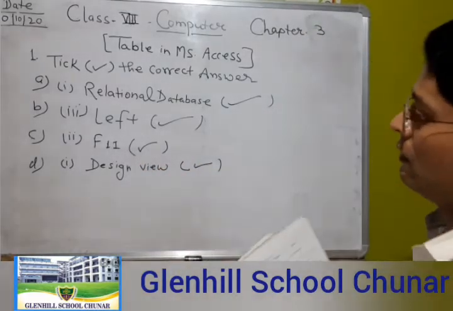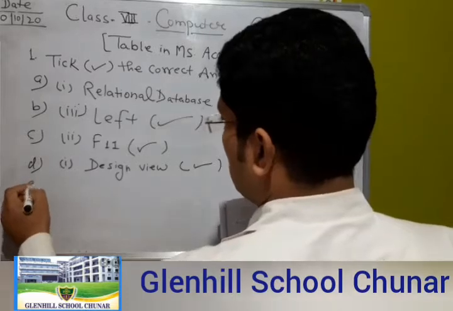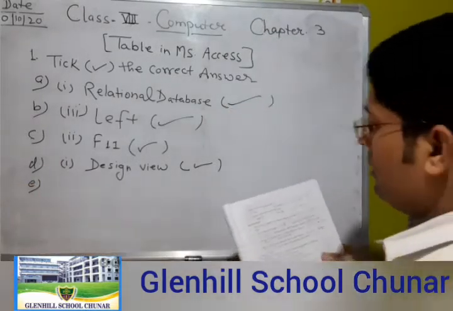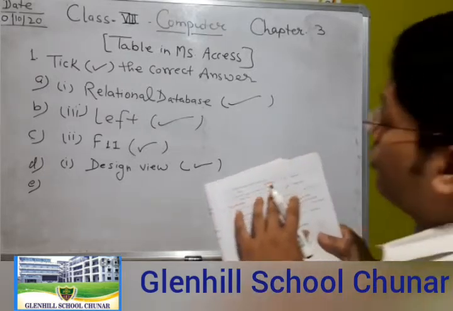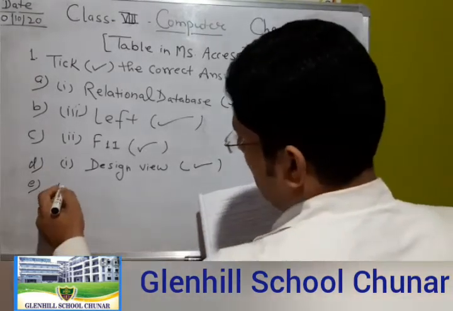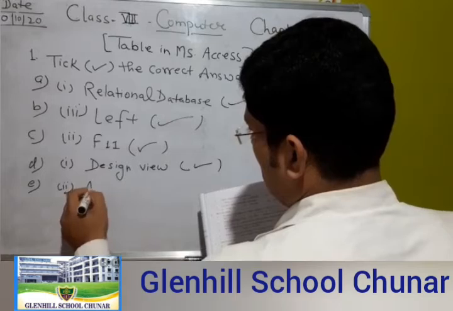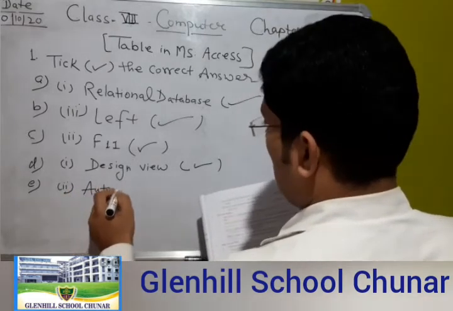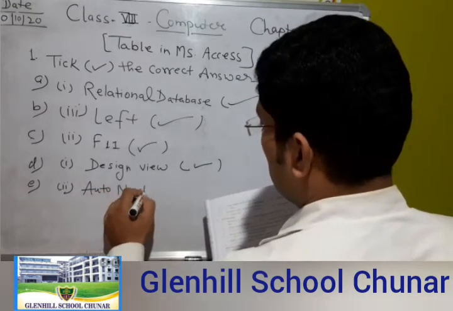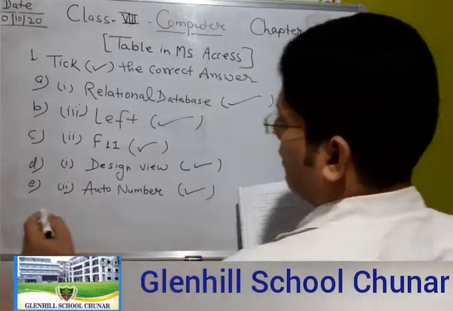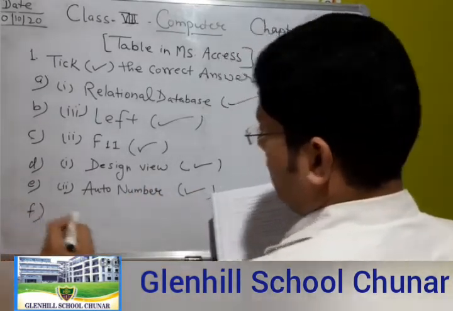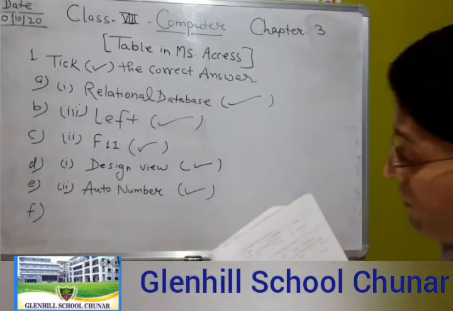And E, it stores a unique number for each row, that's AutoNumber.